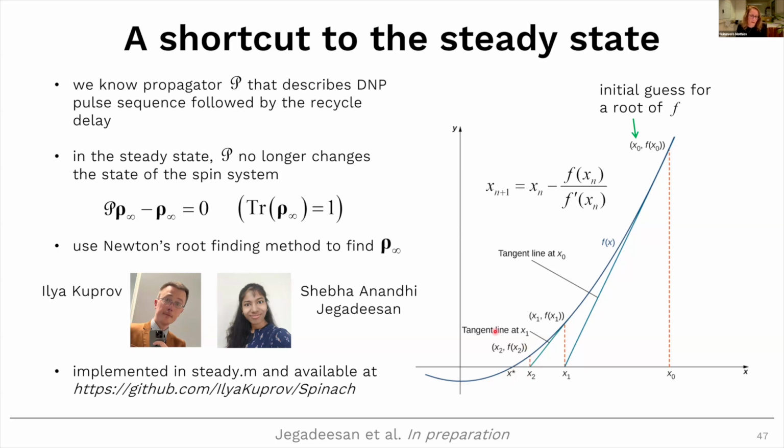And as it turns out, we can use this idea quite nicely to find the state of our spin system in the steady state. This has been competently implemented by Yakupov, who helped us a lot in this project. The actual implementation requires some fancy footwork, but it's now implemented in the function steady and is available on GitHub in the Spinach library.